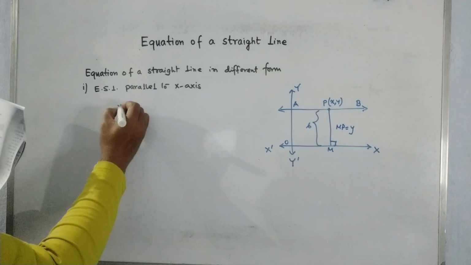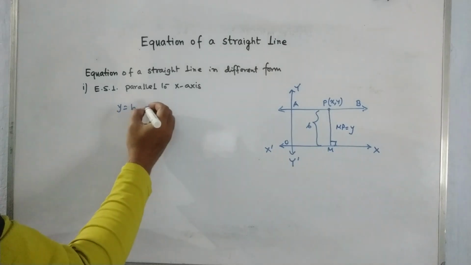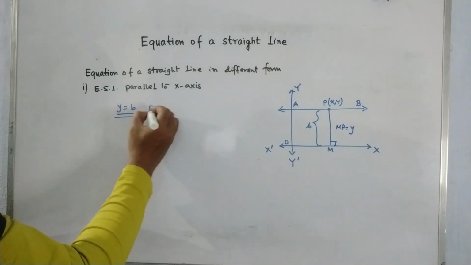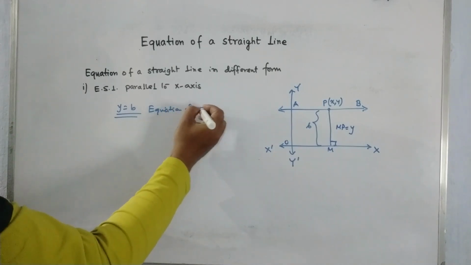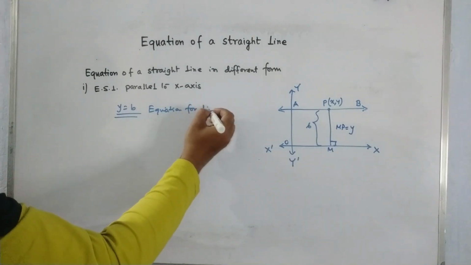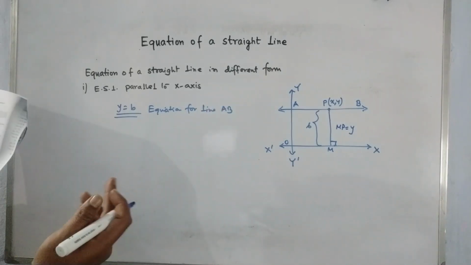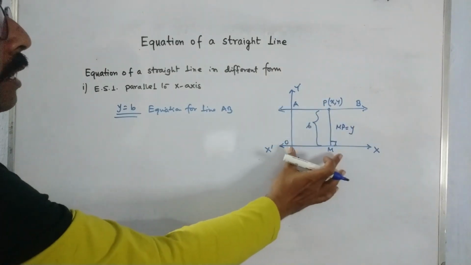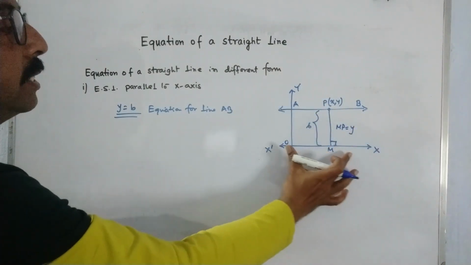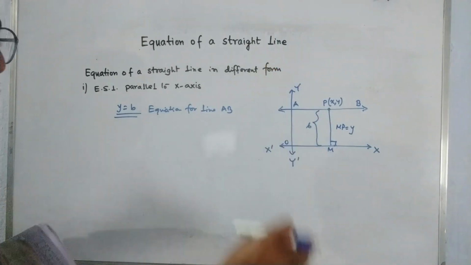So we can write y equals b. So this is the required equation for that line AB. And what is the equation of the x-axis? If the line AB comes down and coincides with the x-axis, then b will decrease to 0.